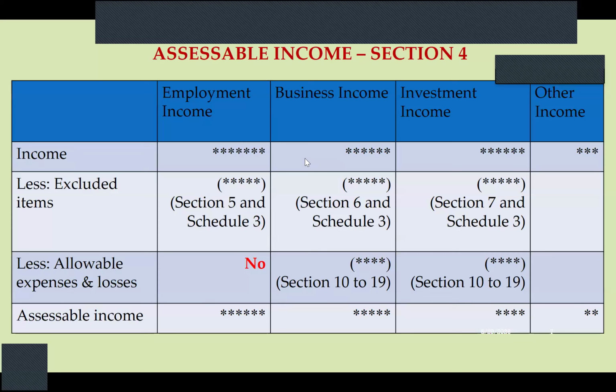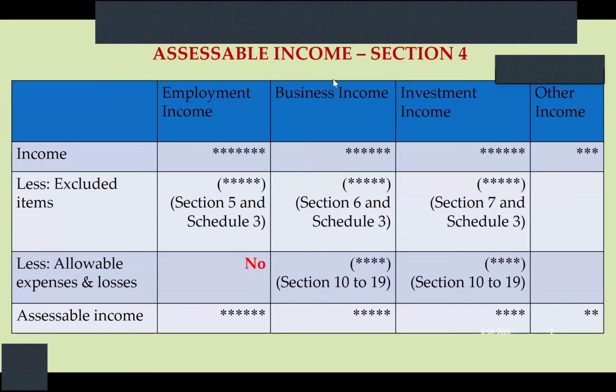Then I explained what are the items we have to include under business source, then what are the items we have to exclude under business source. So for business source we could exclude some items. Mainly we had some exemptions. Now I am going to explain the deduction rules.